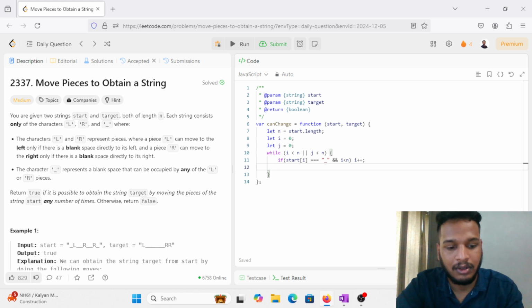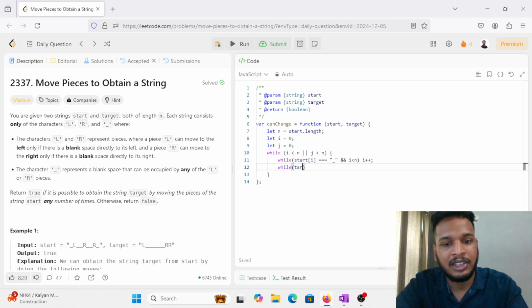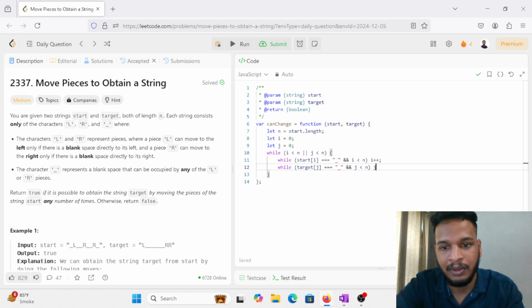Similarly, I iterate a while loop while target of j is equal to blank spaces and j is less than n, then I do j plus plus.